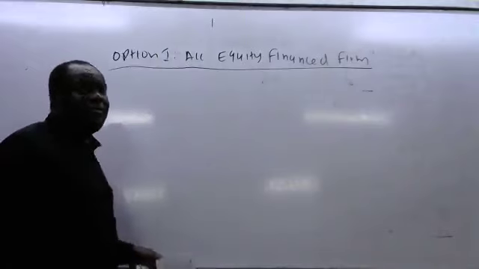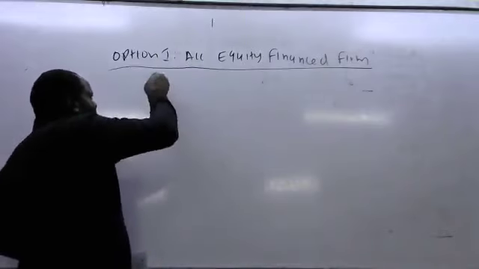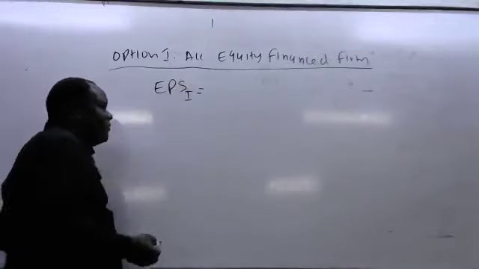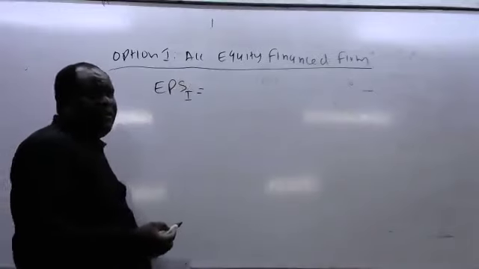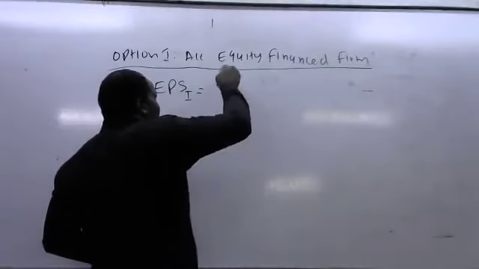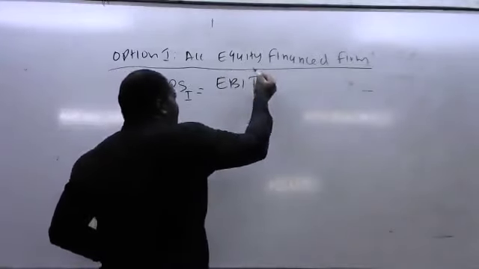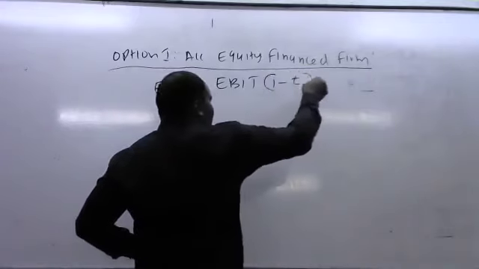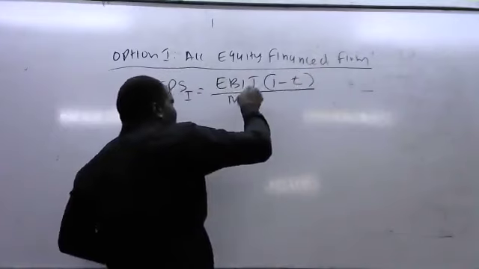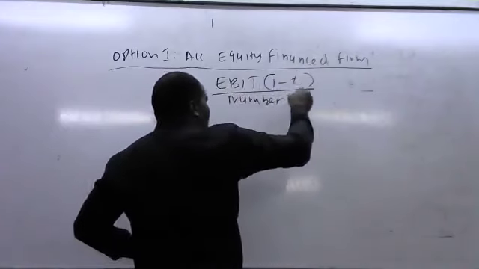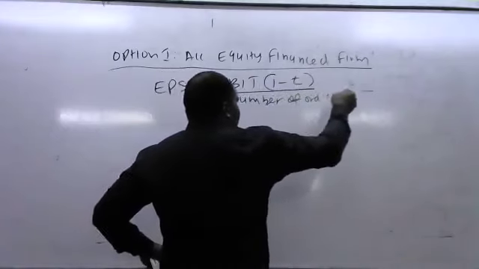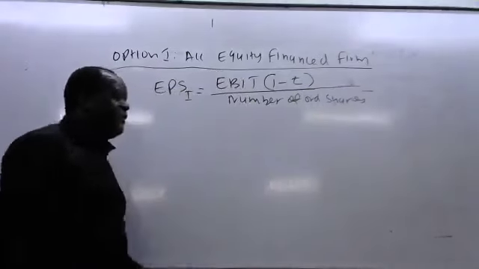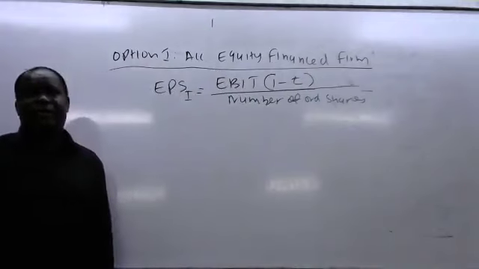When it is all equity financed, earnings per share of option 1 should be given by earnings before interest and tax in brackets of 1 minus the tax rate, divided by the number of ordinary shares.